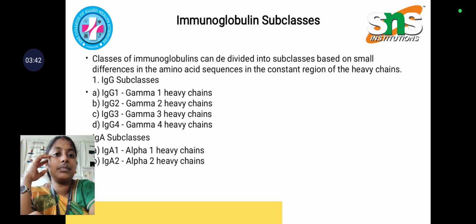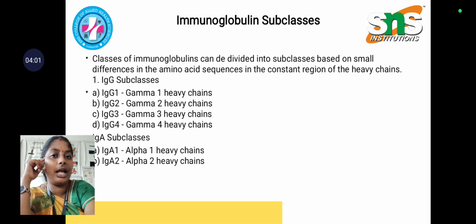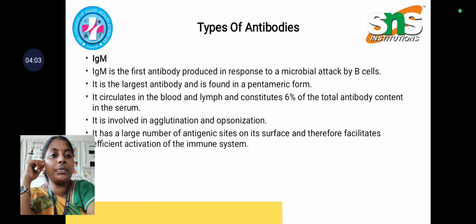Coming to the subclasses of gamma and alpha, we have 4 subclasses in IgG: gamma 1 heavy chain, gamma 2 heavy chain, gamma 3 heavy chain and gamma 4 heavy chain. The IgA subclasses are alpha 1 heavy chain and alpha 2 heavy chain.